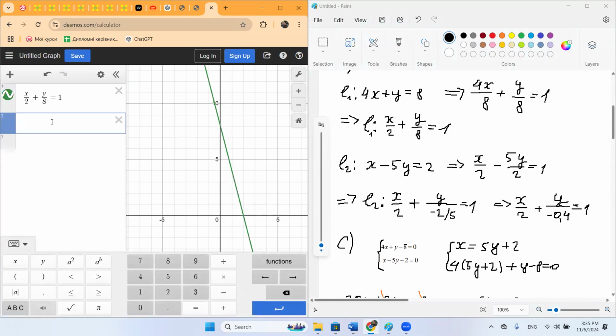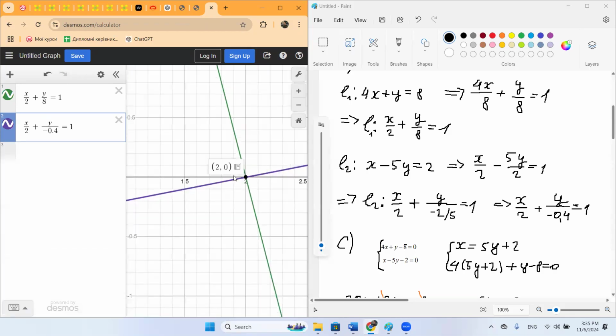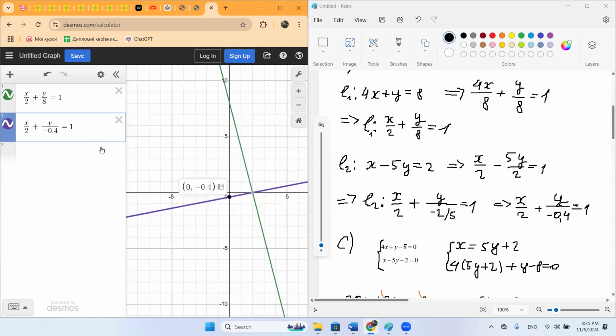Then L1 and L2. For L2: x by 2 plus y by minus 0.4 equals 1. So x-intercept and y-intercept are correct.